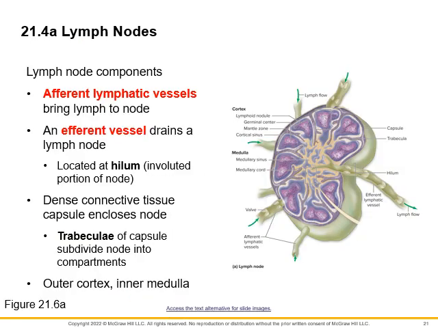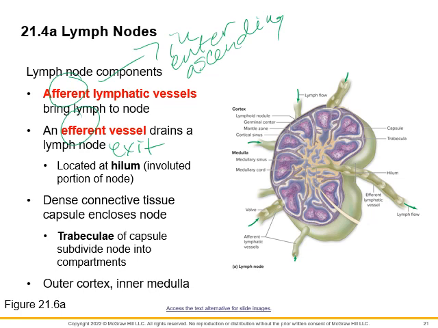So here's a picture of a lymph node. Afferent, remember afferent means ascending, so going in, and efferent means exit or going out, right? So in, entry, ascending, efferent, exiting, draining, however you want to think about it. So they're showing you here the afferent lymphatic vessels.